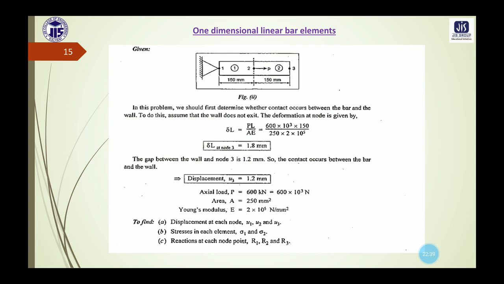If we put the value of all four parameters, then we can calculate the deformation delta L at node 3. This is 1.8 millimeter. Now the gap between the wall and the node 3 is 1.2 millimeter. So the contact occurs between the bar and the wall. So the displacement U3 is equal to 1.2 millimeter.